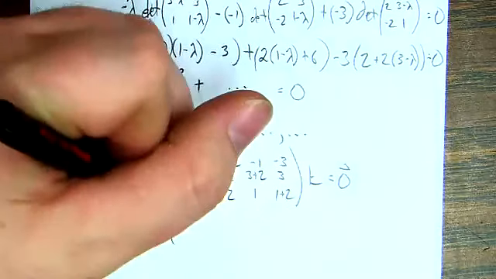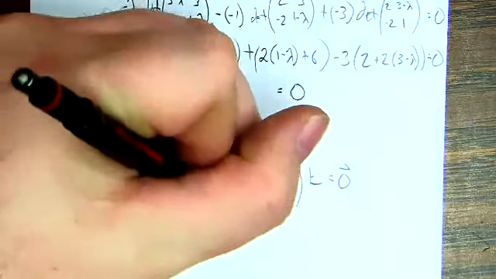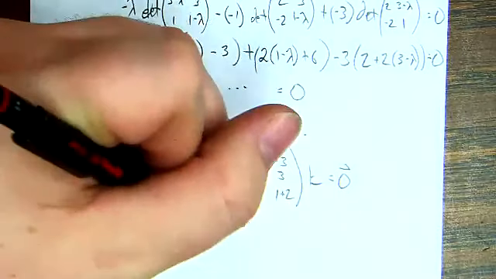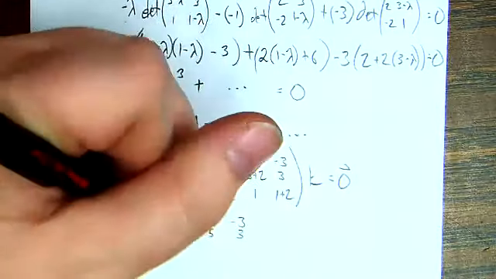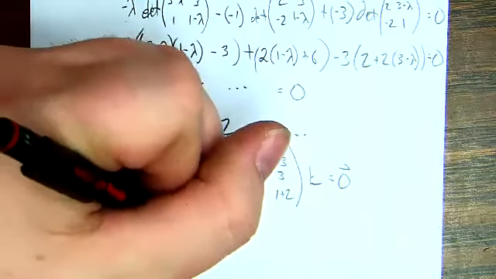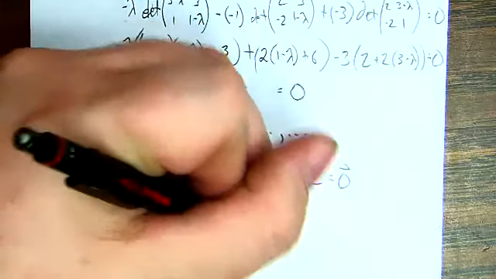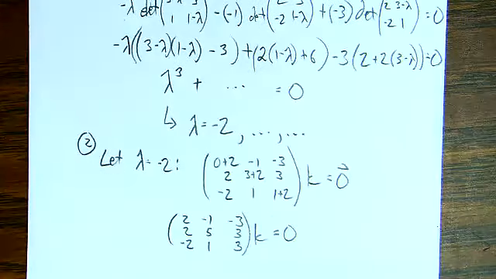Cleaning this up just a little bit, I have 2, -1, -3, 2, 5, 3, and -2, 1, 3, times k equals 0.